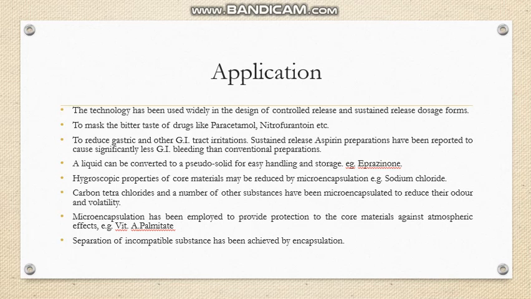And the hygroscopic property of a core material may be reduced once it is converted into microencapsulation. Microencapsulation is also most productively used for those drugs which are environment sensitive, sensitive to light, moisture and other things.